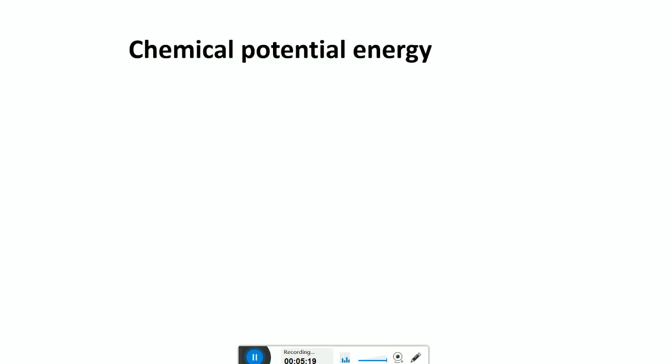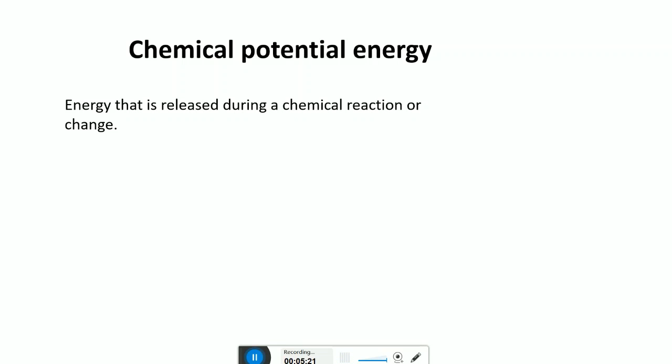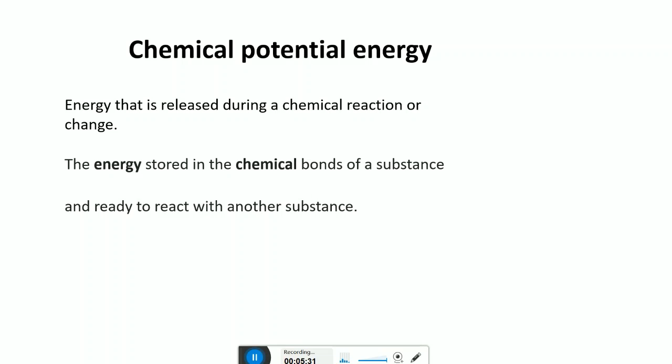Then chemical potential energy. It is the energy released during a chemical reaction or a change. The energy stored in the chemical bonds of a substance and ready to react with another substance. The examples are batteries and photosynthesis.